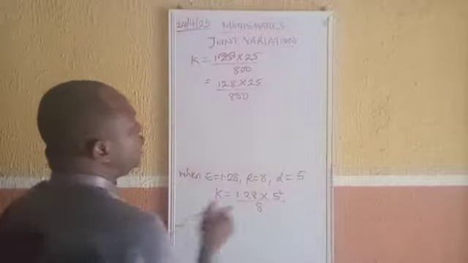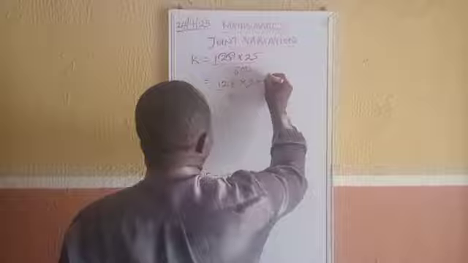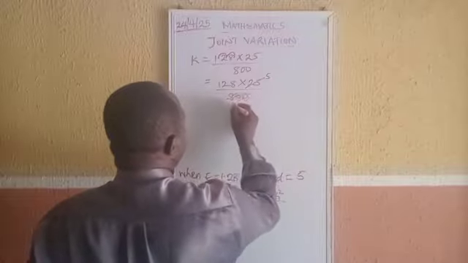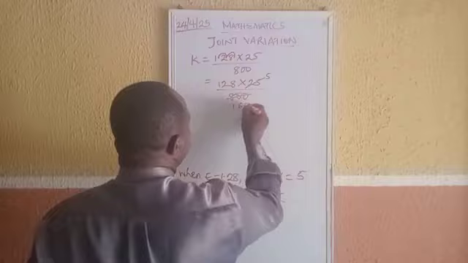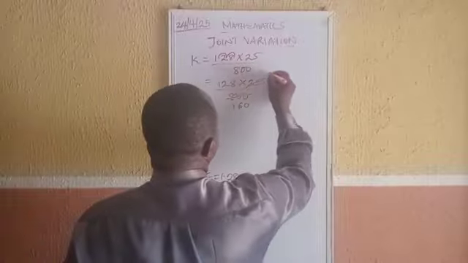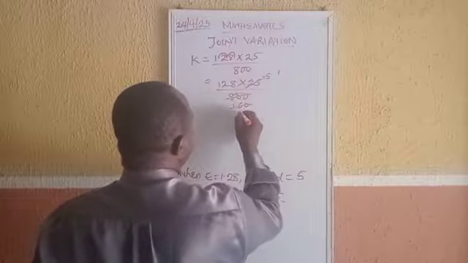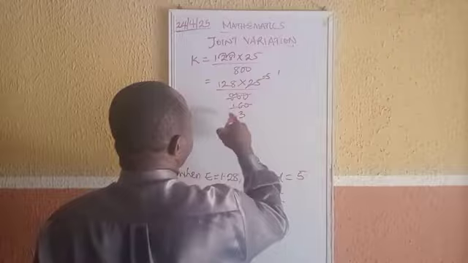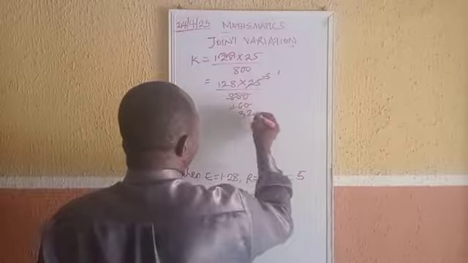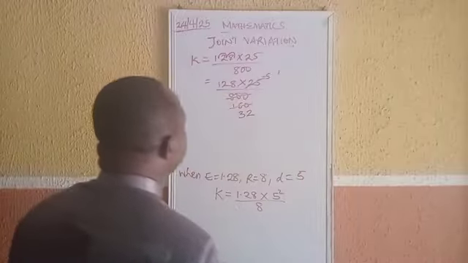So let's cancel that now. 5 here is 5, 5 here is 160. 5 here is 1, 5 here is 32.